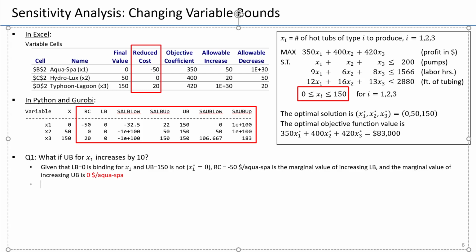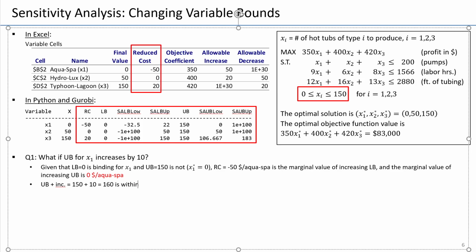if we take the upper bound, first we have to also see what this increase is, right? This increase by 10 will change the upper bound to 150 plus 10, which is 160. And we have to ask ourselves, is this within the range of feasibility for the upper bound for variable x1, right? So the upper bound was 150. This is the range of feasibility. And it happens to be a range.